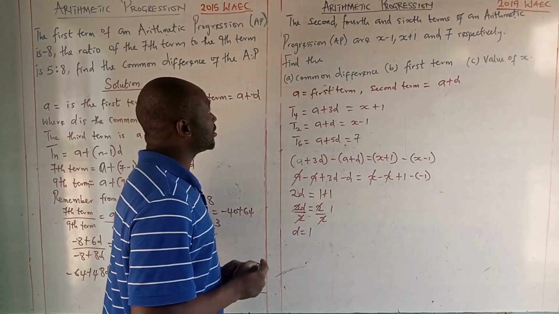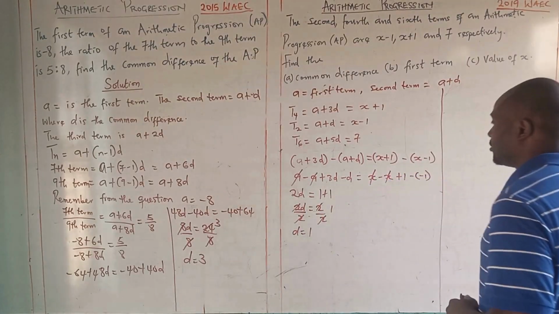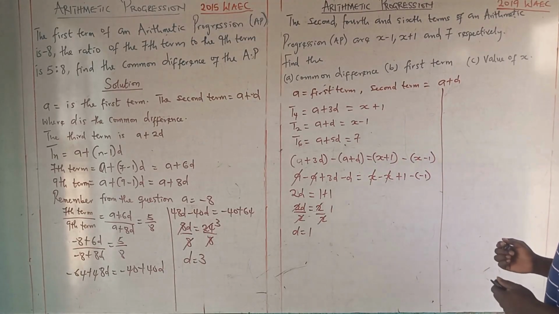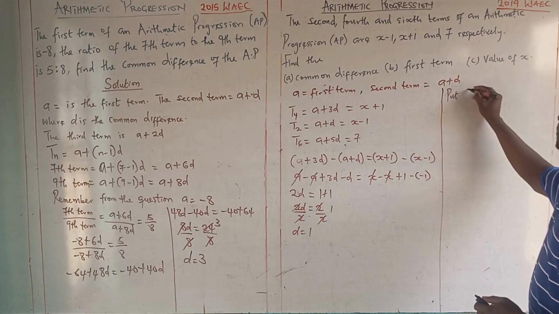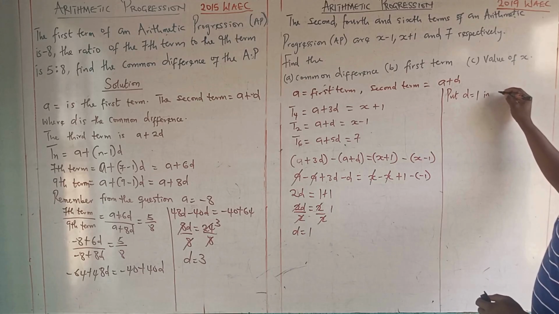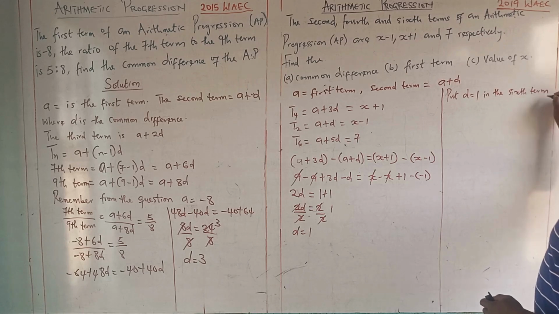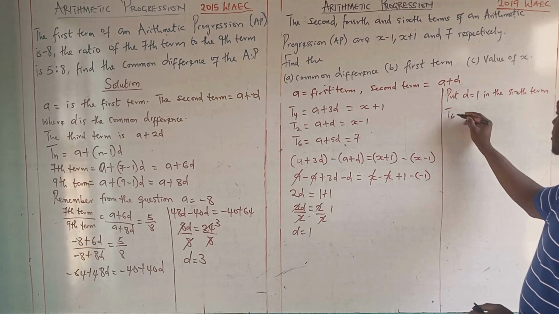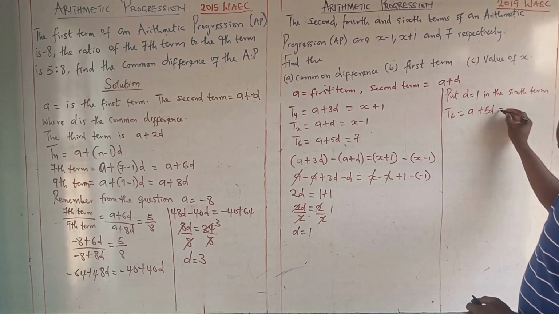Now, question B says, find the first term. Recall, the first term is A. So, what do we do? How do we find the first term? If we put d equals 1 in the sixth term, we have the sixth term T6 equals a plus 5d, which is equal to 7.